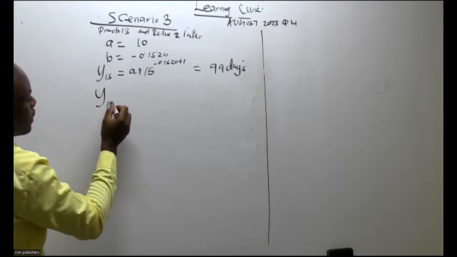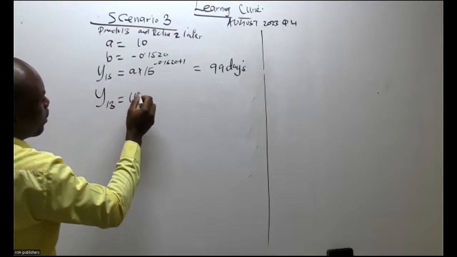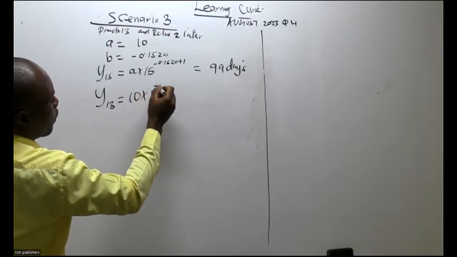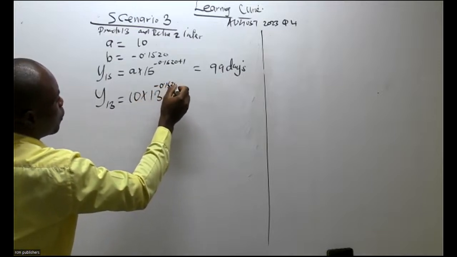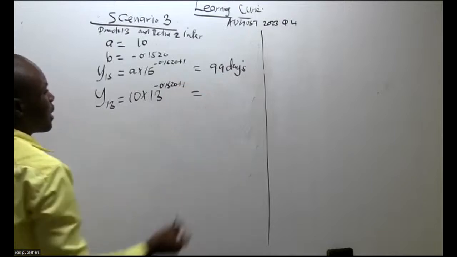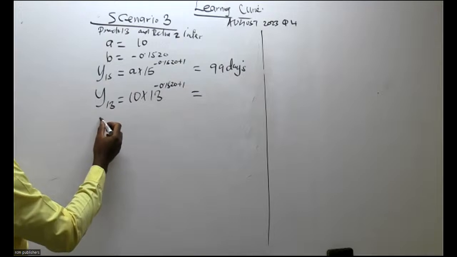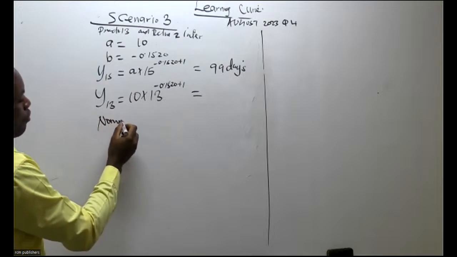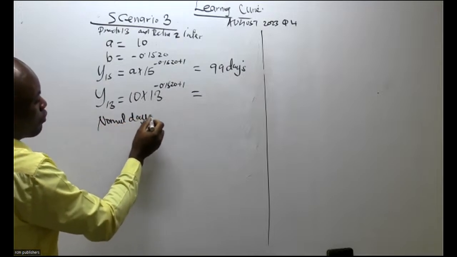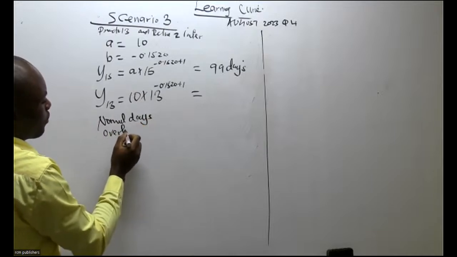Y at 13 will be equivalent to 10 times 13 raised power negative 0.1520 plus 1. Tunapata ngapi?